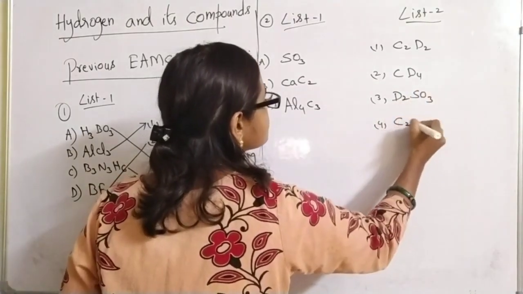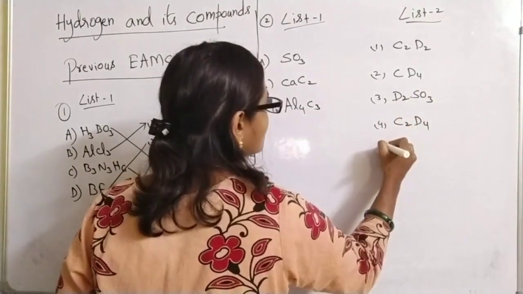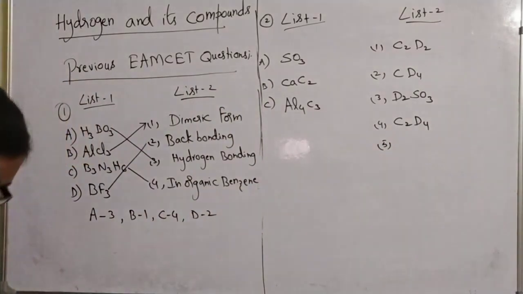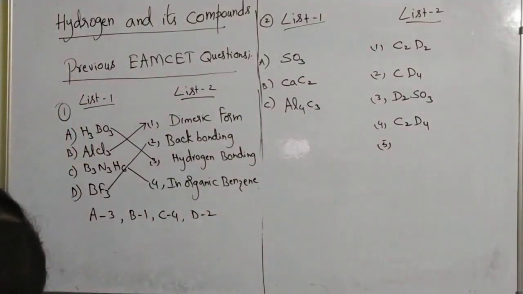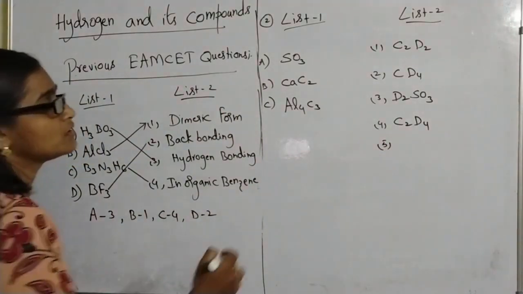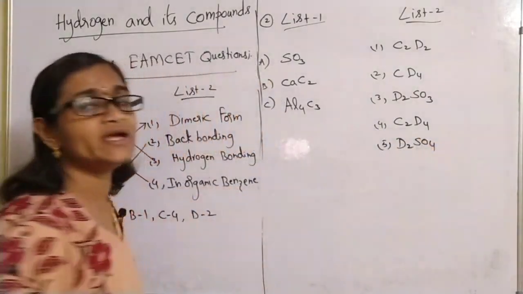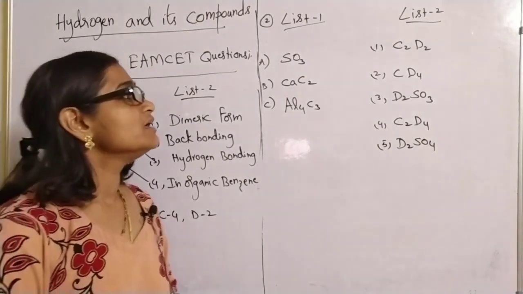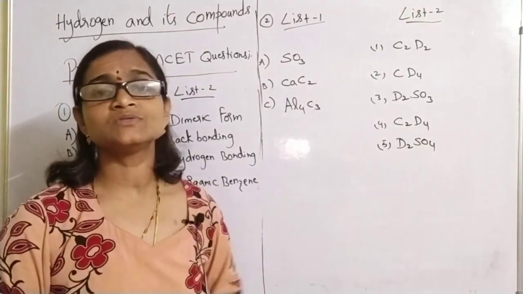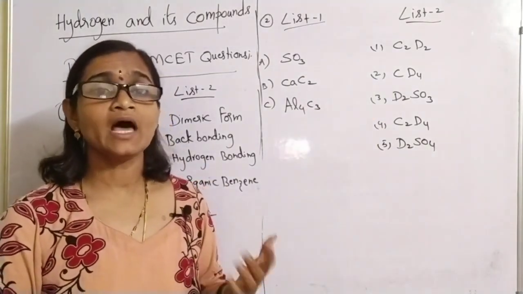D2SO3, C2D4, and fifth one is also there. What is that? Fifth one, D2SO4. Okay, see, instead of H you are finding D there. If it is C2H2 you call it as what? Acetylene or ethine.